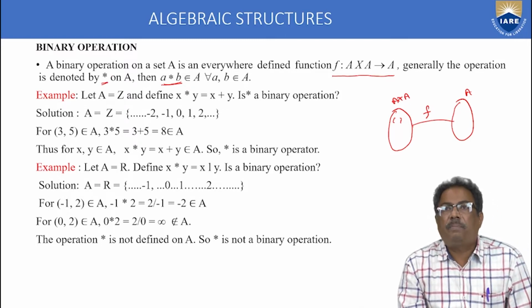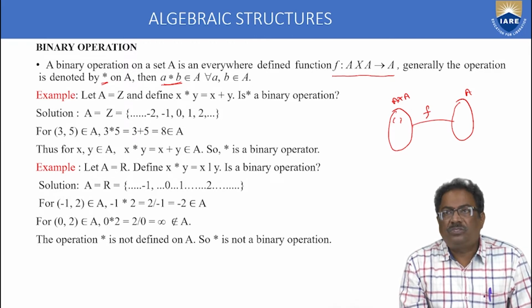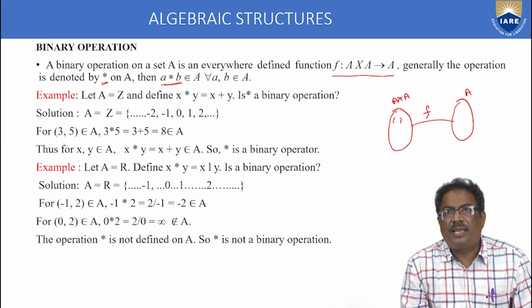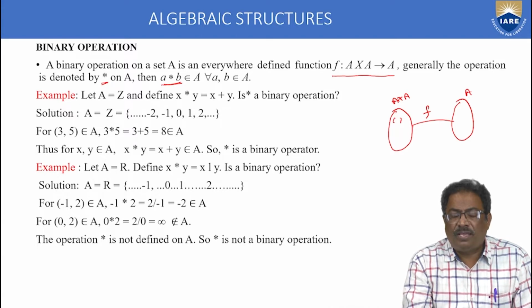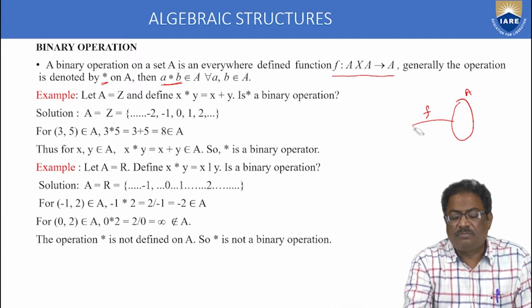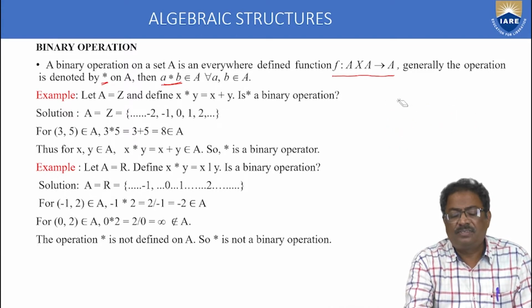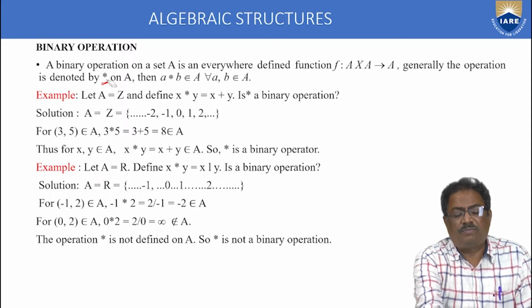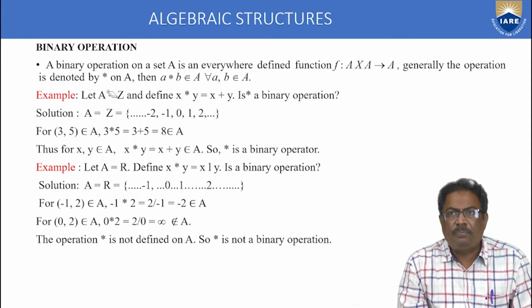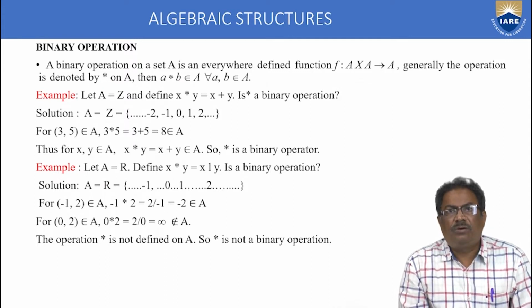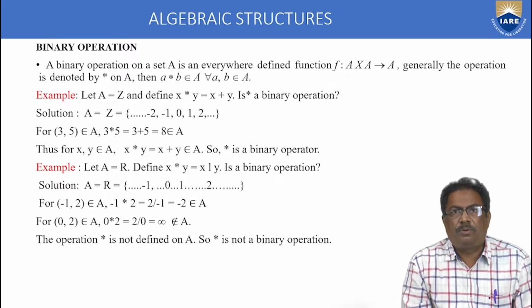So A star B belongs to A for every A, B belongs to A. So this is nothing but a function defined from A cross A to A. Now let us go for an example.